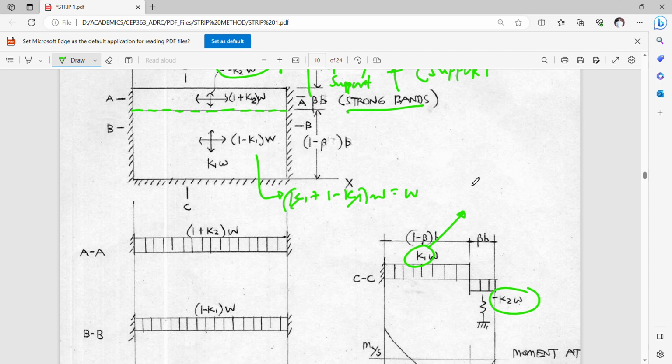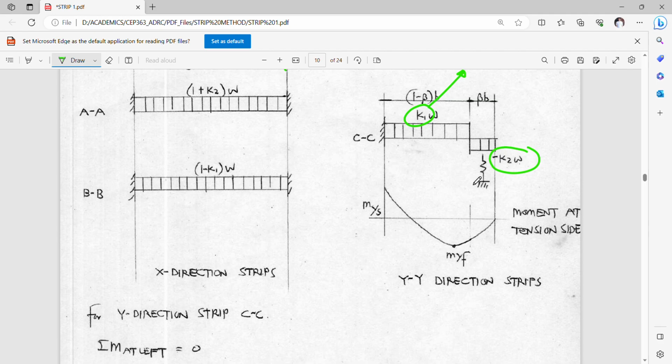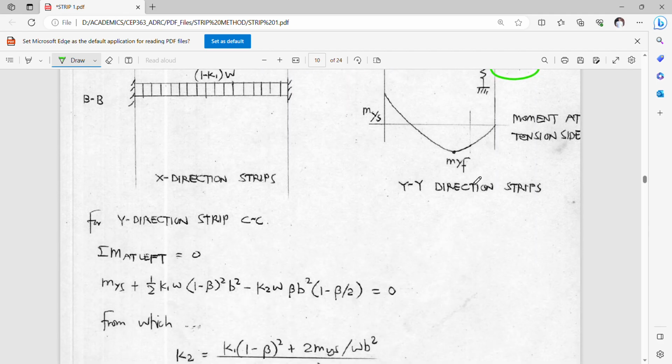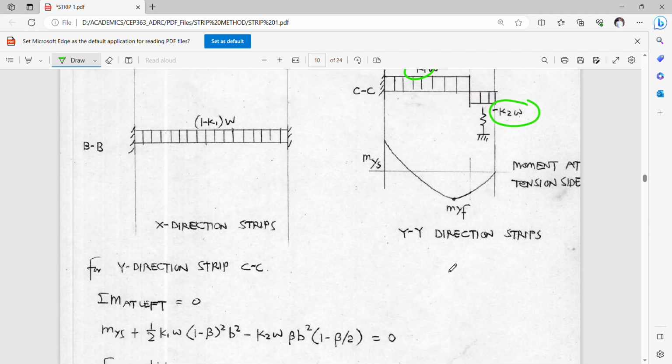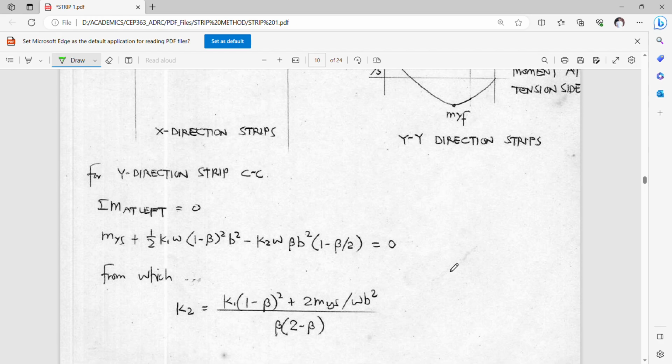So arbitrarily chosen for us to be able to solve this equilibrium equation and definitely obtain a value for k.